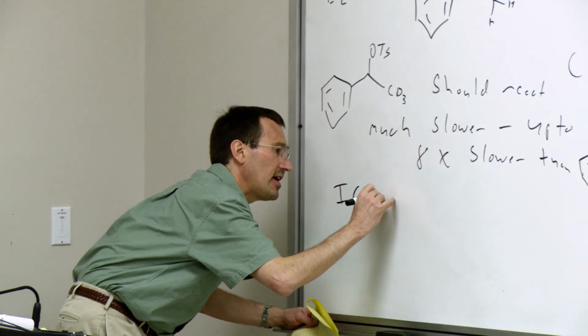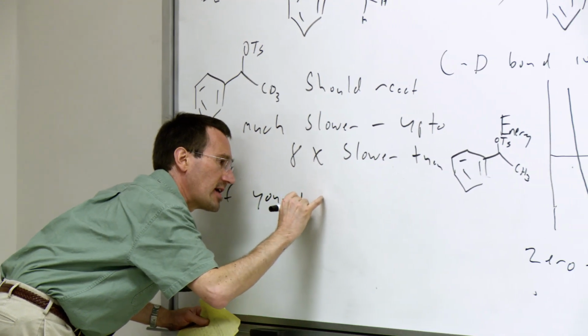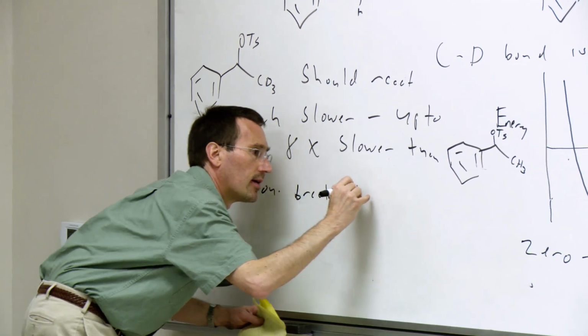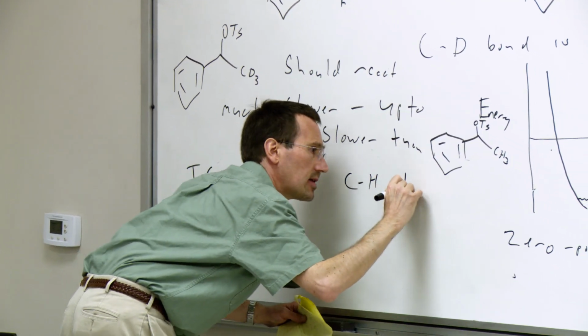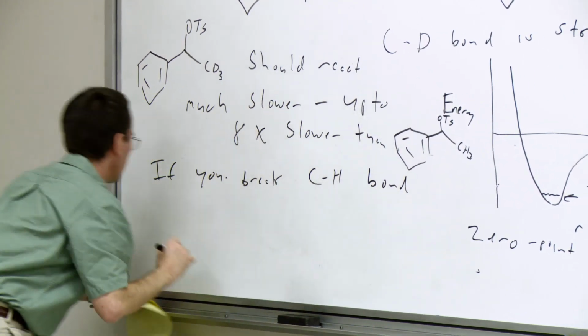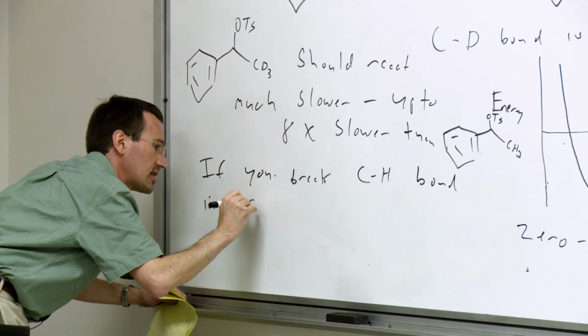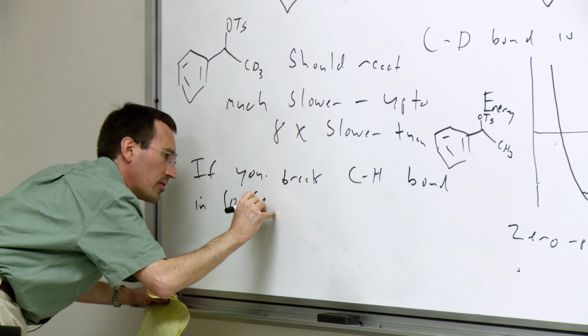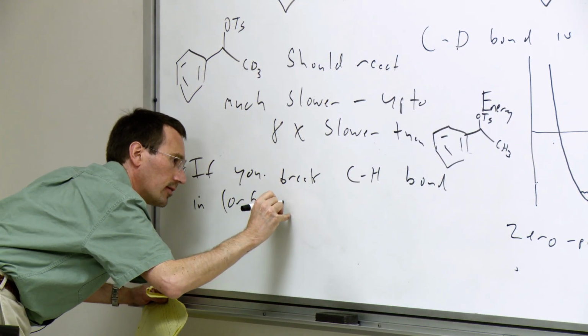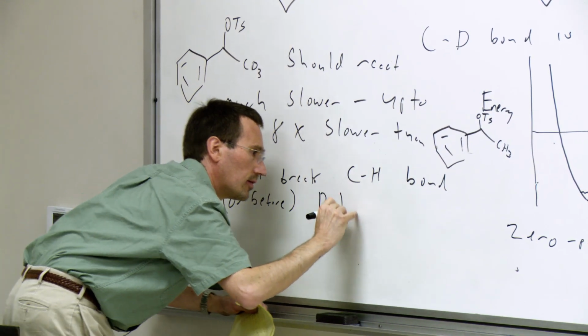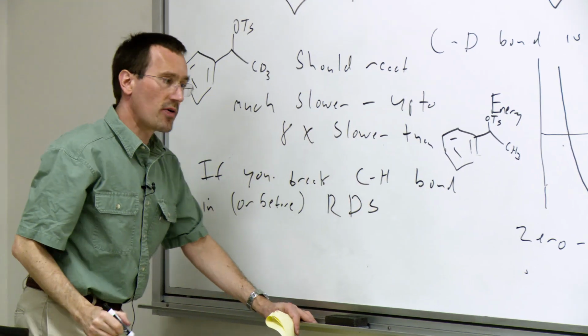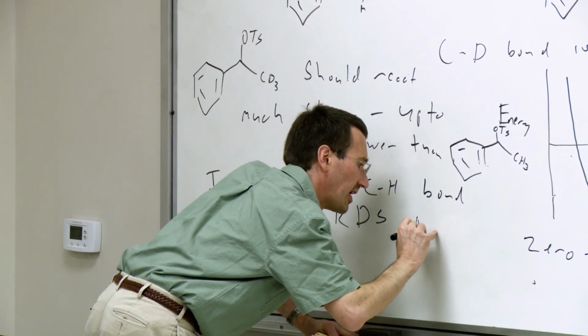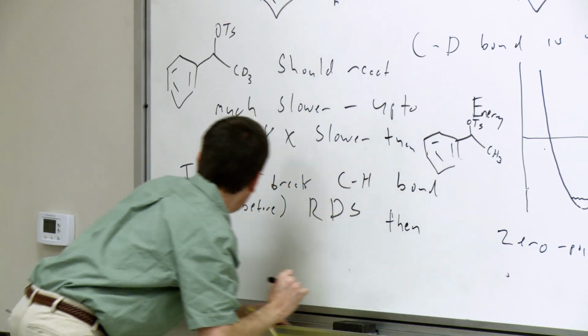I'm going to write that. If you break a CH bond in, or before, by way of a pre-equilibrium, the rate-determining step, then you get a primary kinetic isotope effect of close to 8.